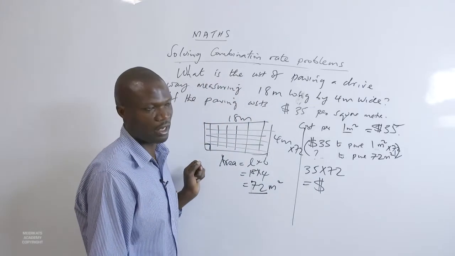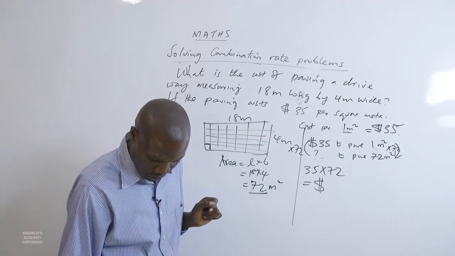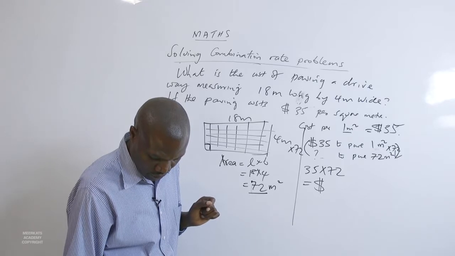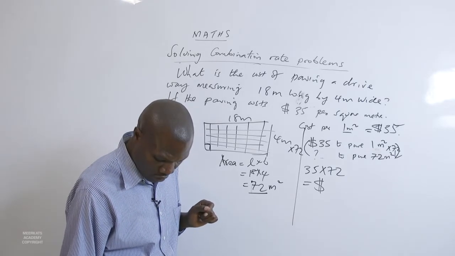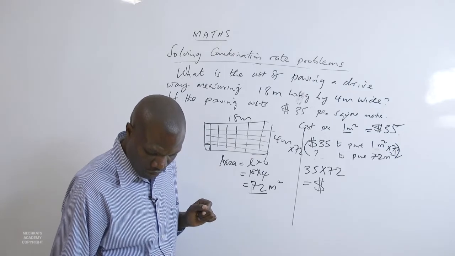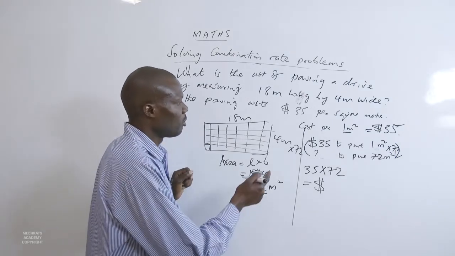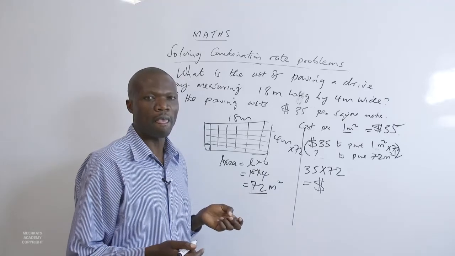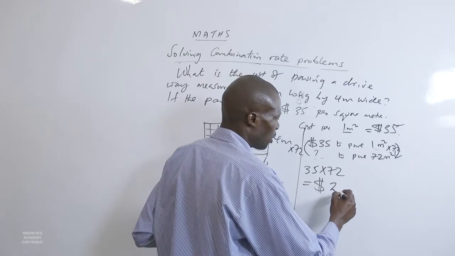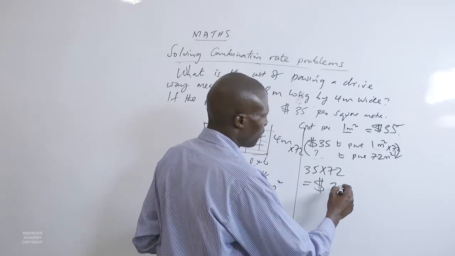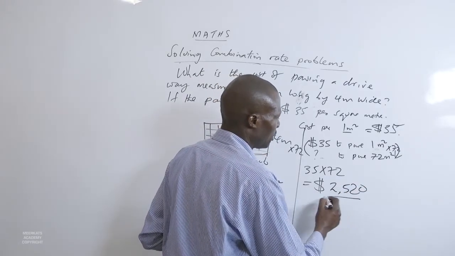When you use your calculator, you'll find that to pave that particular driveway, you will use a total of $2,520.